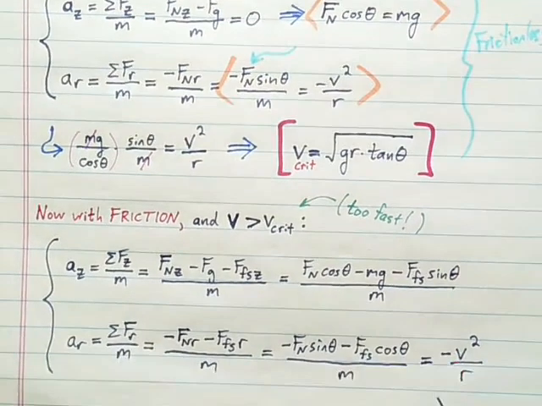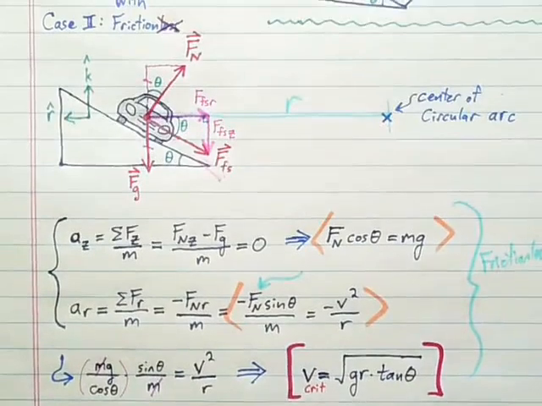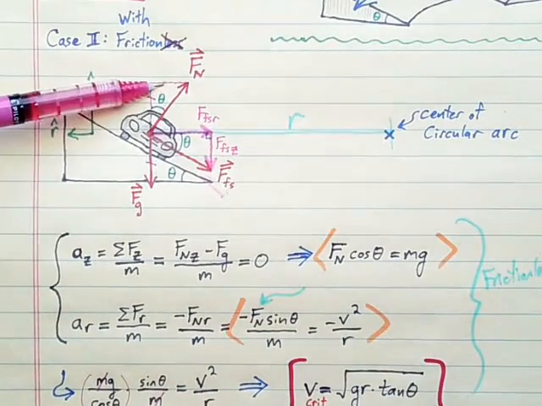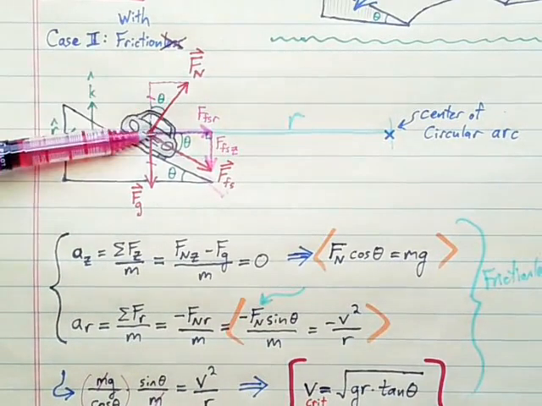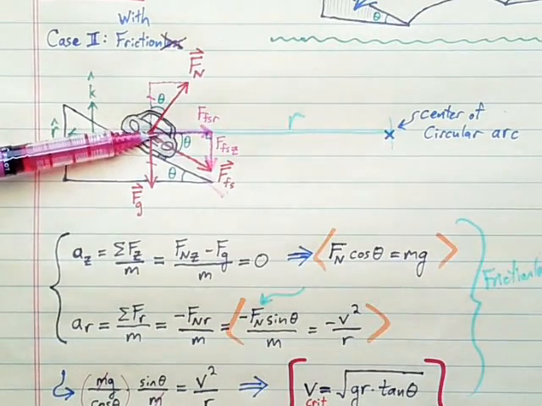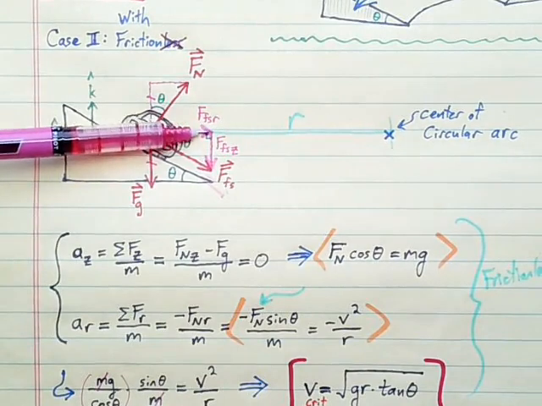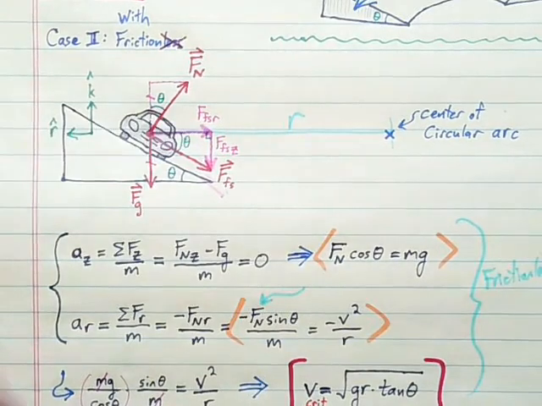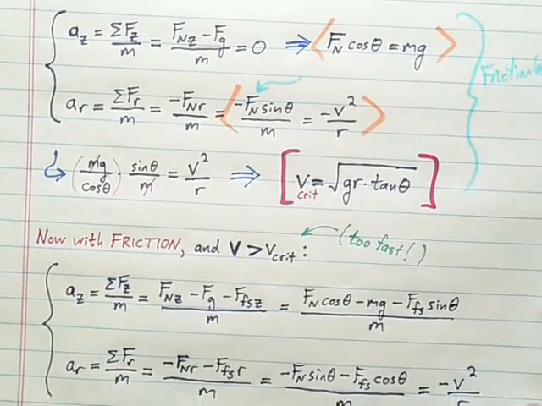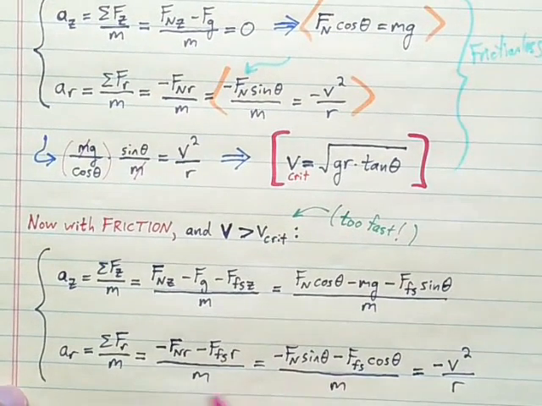In the radial direction, we've got F_nr there pointing inwards, and now also helping support it, helping push the car into the turn is this radial component of friction, F_fs,r, also in the negative radial direction. So here's our sum of forces in the radial direction.